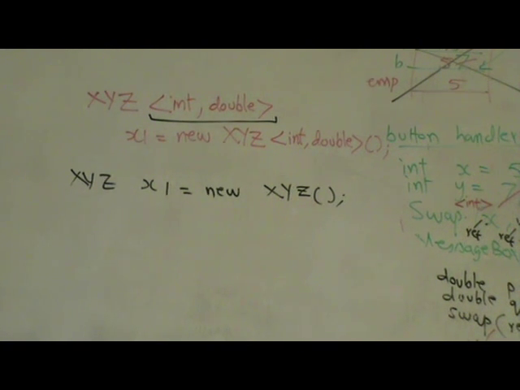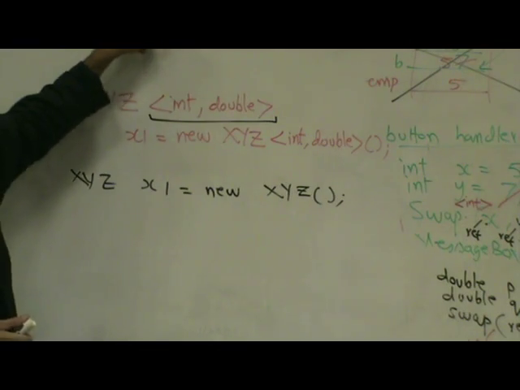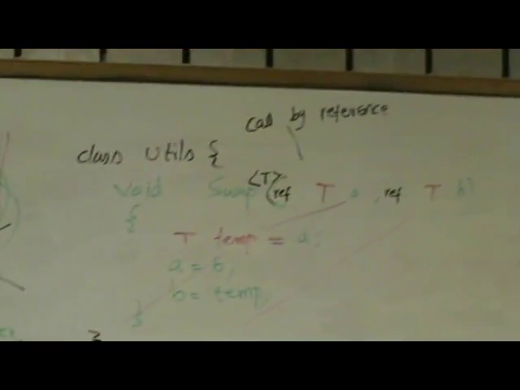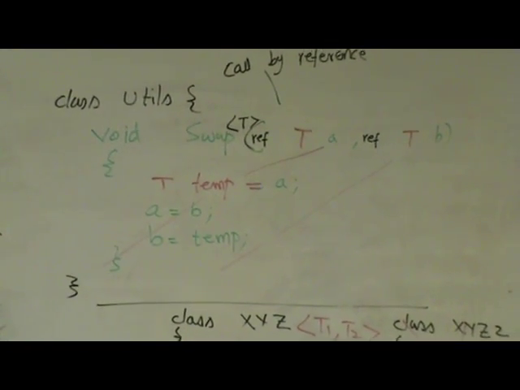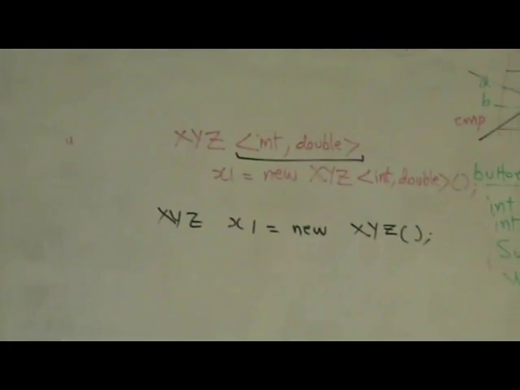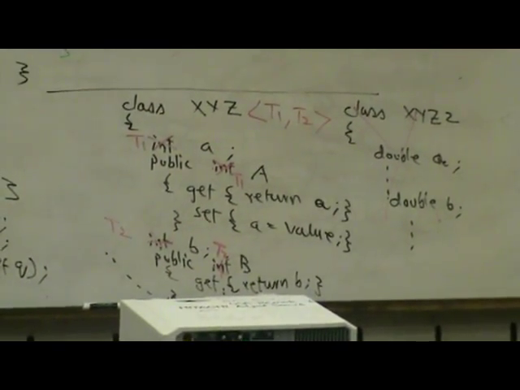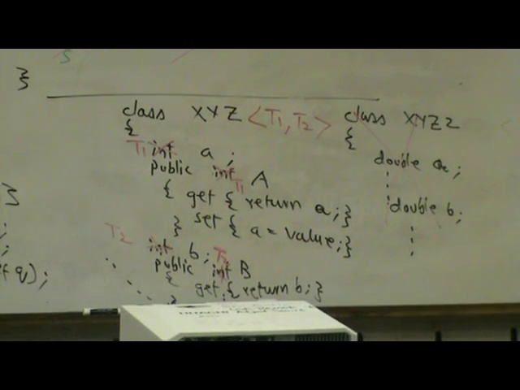Okay, so now, this was an example of a generic class. Okay, swap was an example of a generic method, right? Okay, so now, over there, like you wrote T2 B and T2 again that B. If we know that it is int, we can just use T1 over there.